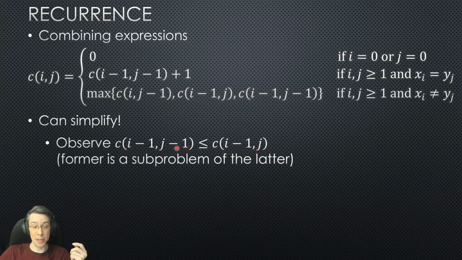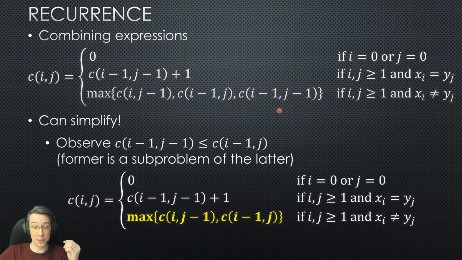So this term here is always going to be less than or equal to this term on the right. And we're taking a max of 3 terms. So this term, which is always the same or smaller, there's no reason to ever choose this expression. So we can delete it entirely from this recurrence without changing the result. So here's our simplified recurrence.